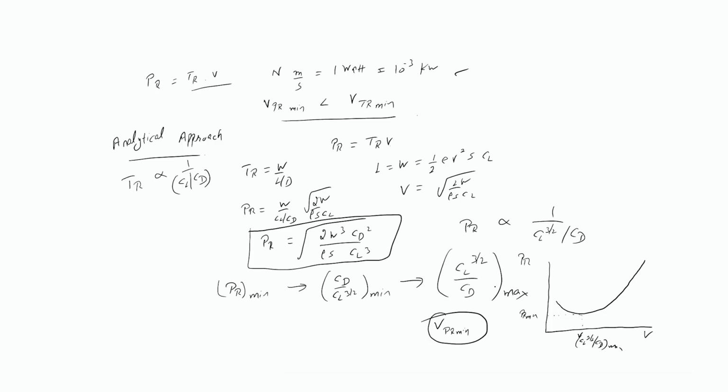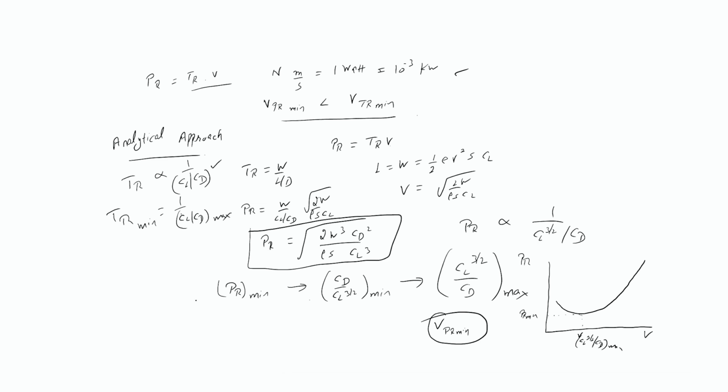Okay, so thrust required minimum was proportional to 1 by CL upon CD. So for thrust required minimum, it was CL upon CD maximum, and in this case, it is CL power 3 by 2 by CD maximum. That is why these two curves are not matching.